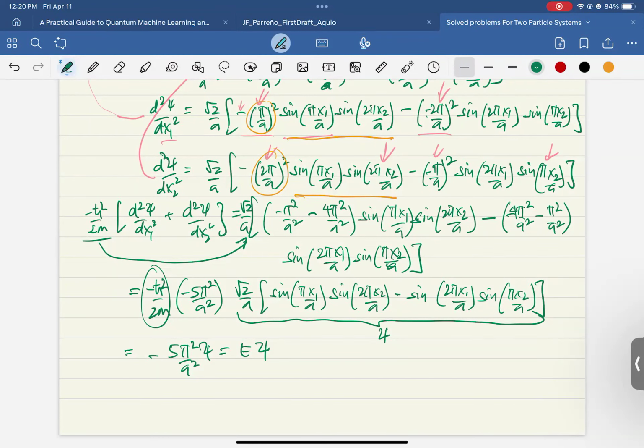Okay, tama pala. So, hindi pala siya kasama. Okay, so, h bar squared over 2m. So, ibig sabihin, ang E ay equal sa 5 h bar squared pi squared over 2m a squared.